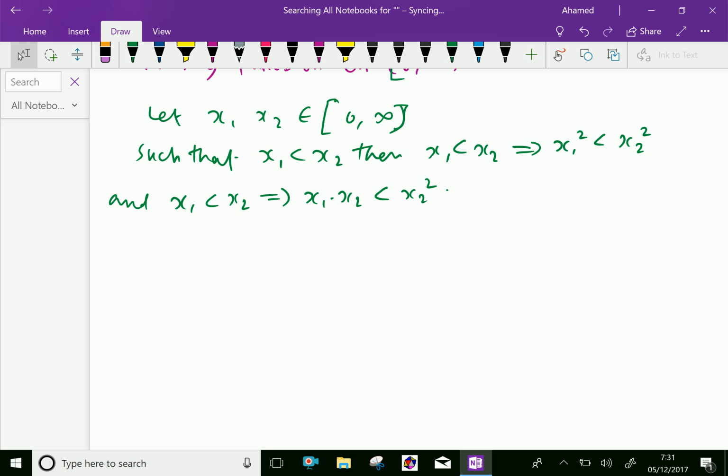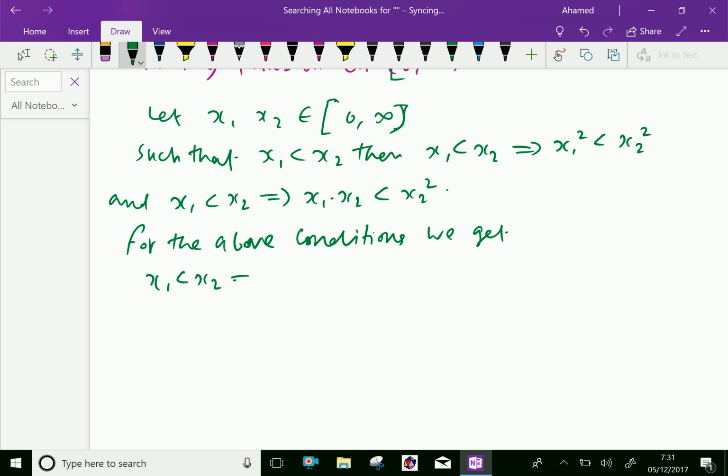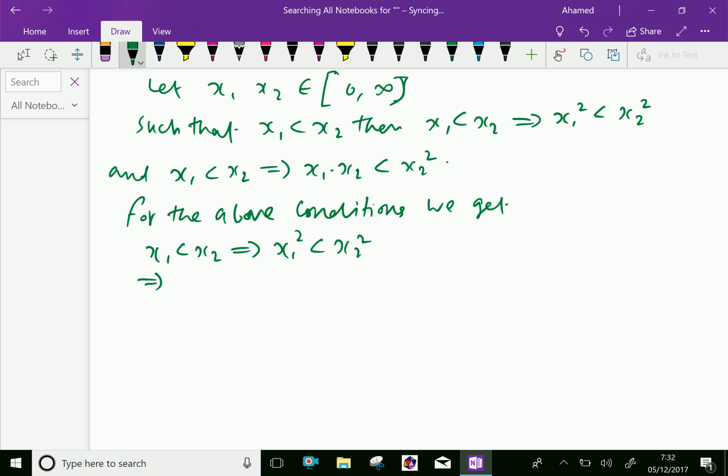For the above conditions, we get, if x1 is lesser than x2, then x1 square is lesser than x2 square. Further, it gives f of x1 is lesser than f of x2.